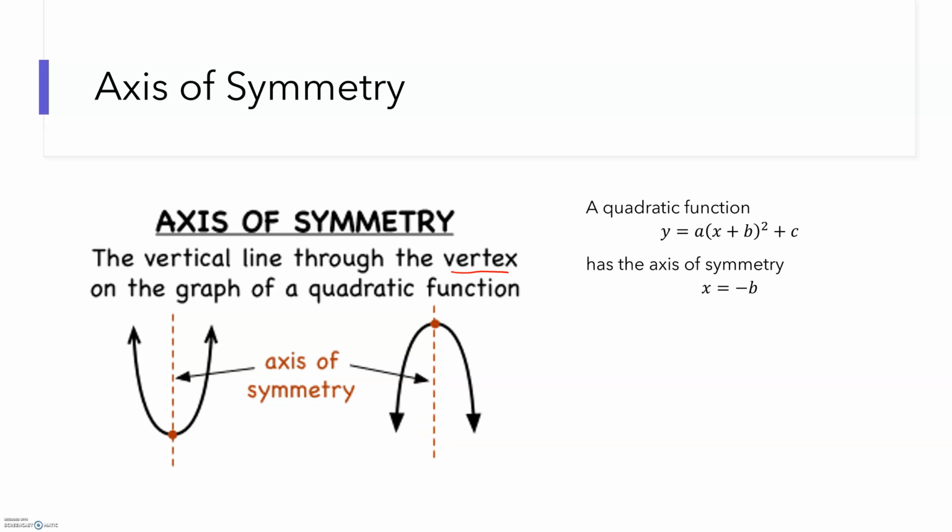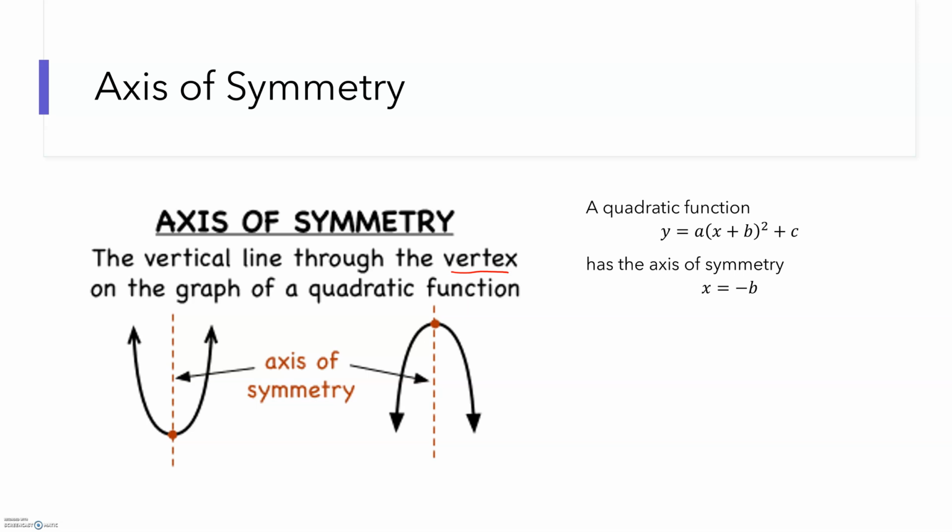It's called symmetry because if we fold this quadratic graph along the axis of symmetry, we would have two halves overlapping each other. So it's like a mirror image, and the mirror stands right on the axis of symmetry.